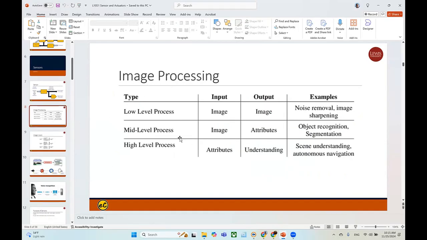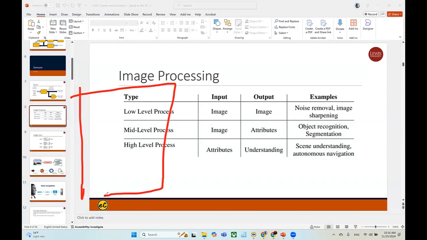Okay, and here you talk about your signal coming in. It can be a low level image, a middle level image, or a high level image, depending on how much you look at it. Let's assume we have a picture, and those cars may be blurred.